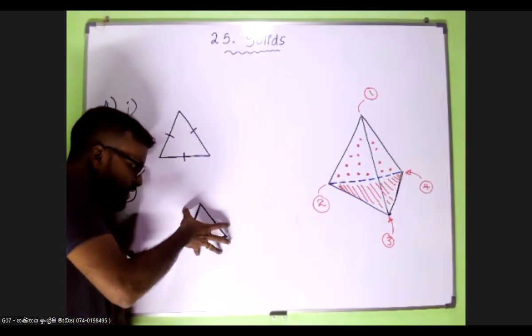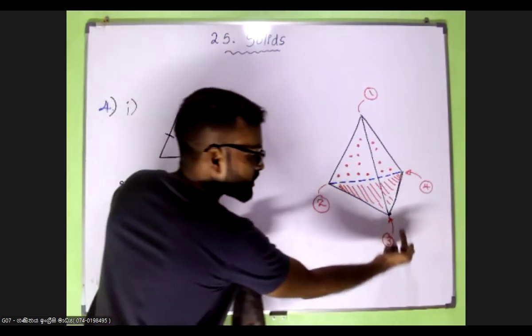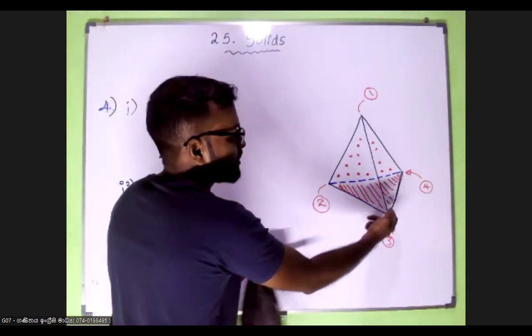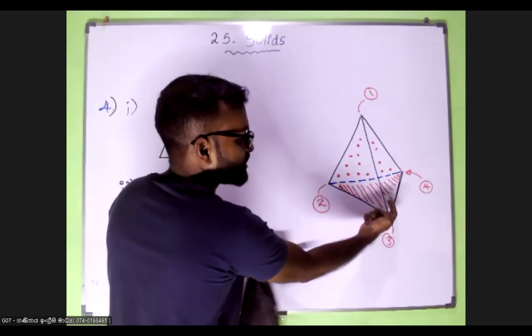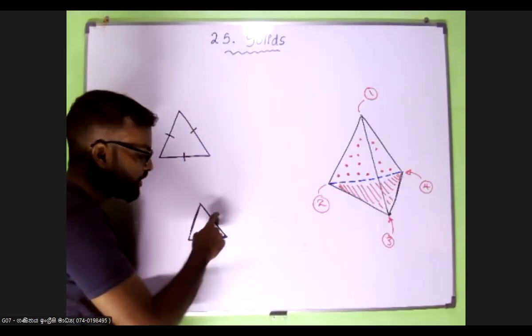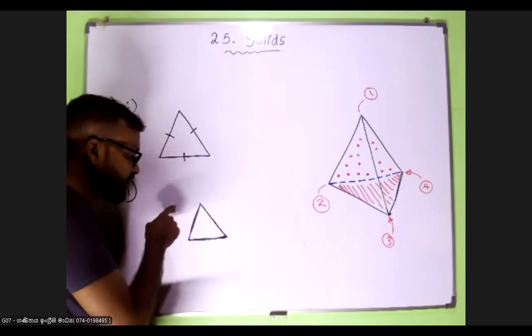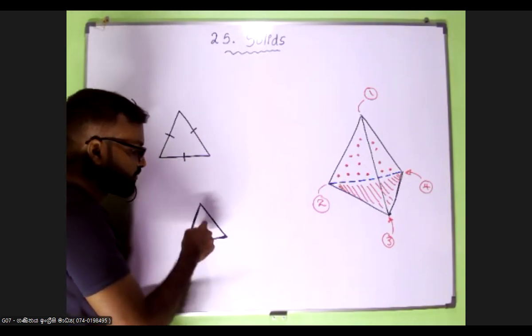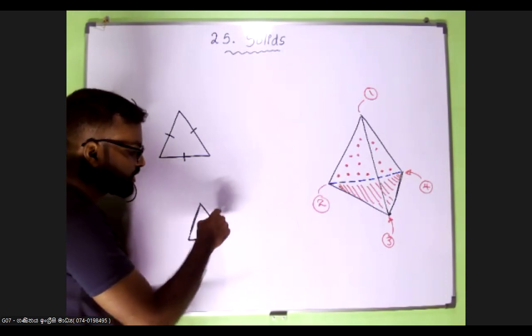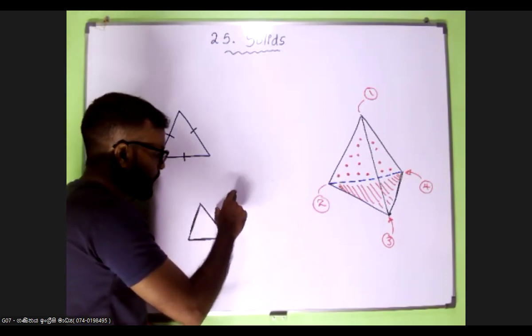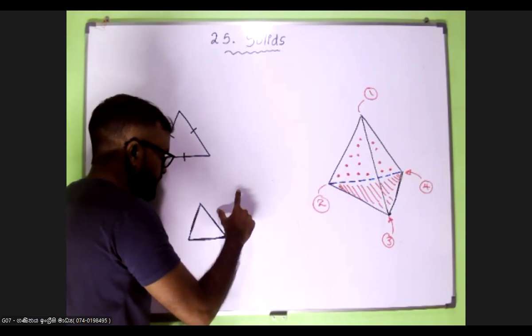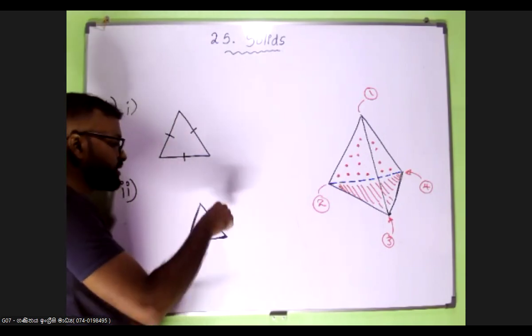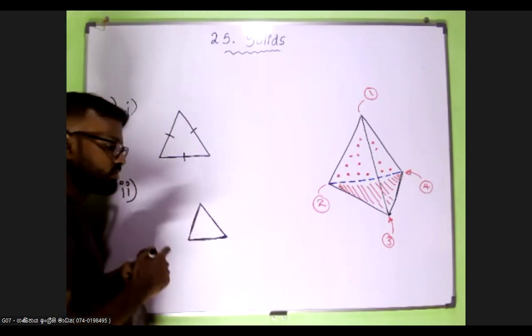So this is my base and the below side. This is the third side. First side, second side, then sorry, this is the fourth side, and I will have to draw the first side, second side, and third side from these sides. So I will draw them.